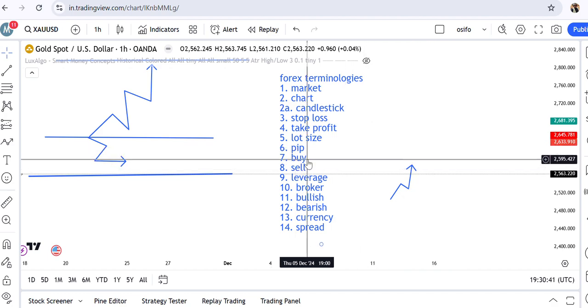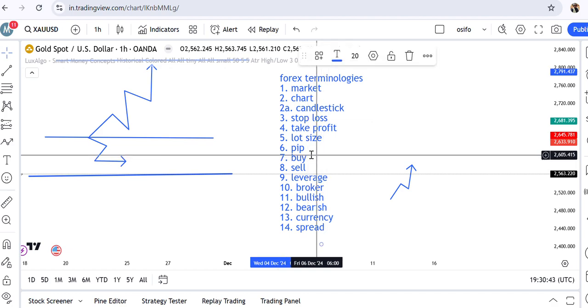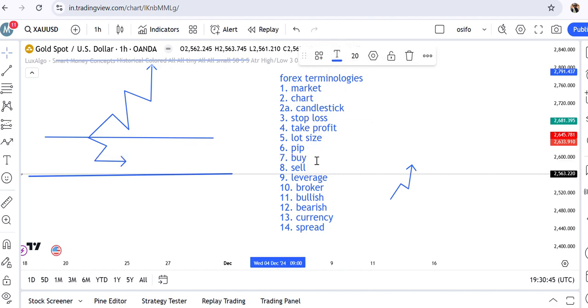Now, we have another word here called buy. So when somebody says I'm buying in the market, buy slash long. When somebody says I want to buy, it means that the person wants the market to go up, or they want the market to go long.